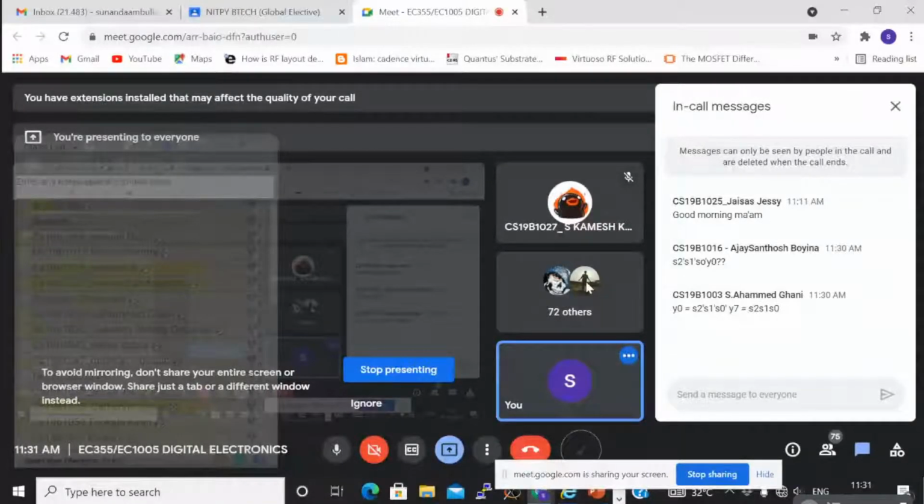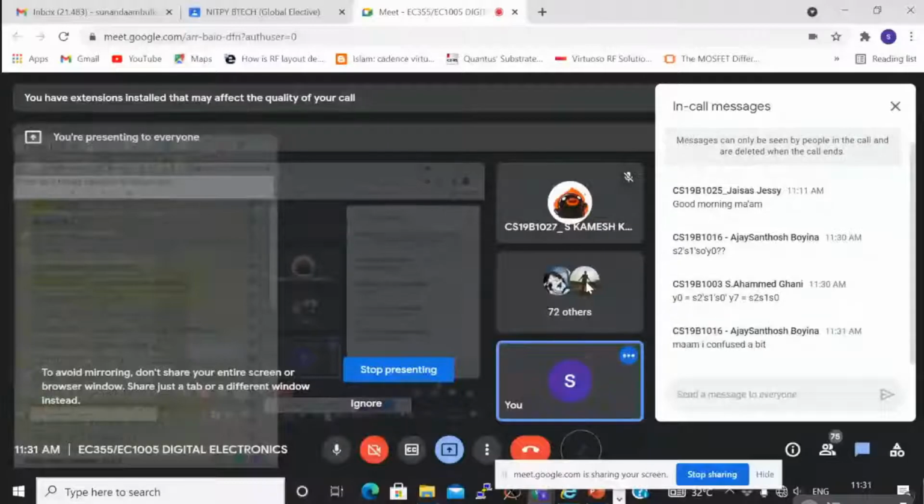Why are you writing this S2 dash, S1 dash, S0 dash, Y0? How? What is the output? Tell me. Output lines are appearing. Yes, that's what I was asking you, whether you understand or not.